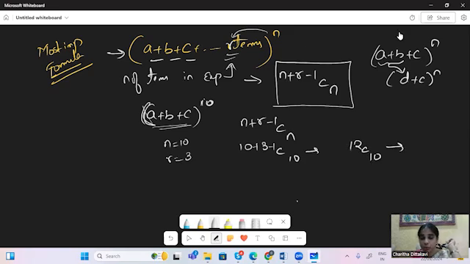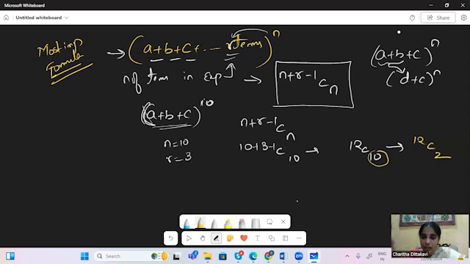And remember guys, 12 C 10 is equally good as writing 12 C 2. What is the reason? Because selecting 10 from 12 or rejecting 2 from 12 is one and the same. Clear? And that rejection can be done only if you select those two. So either you call 12 C 10 or 12 C 2, one and the same.